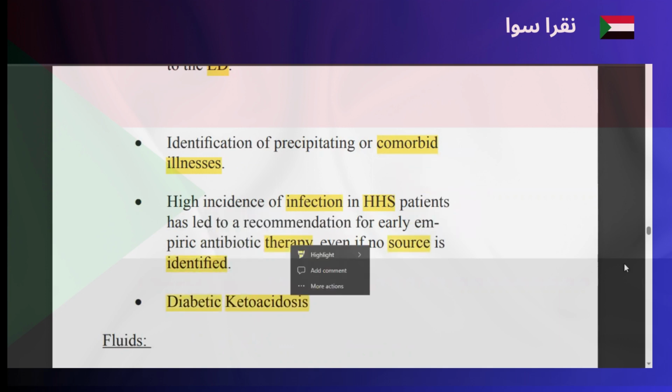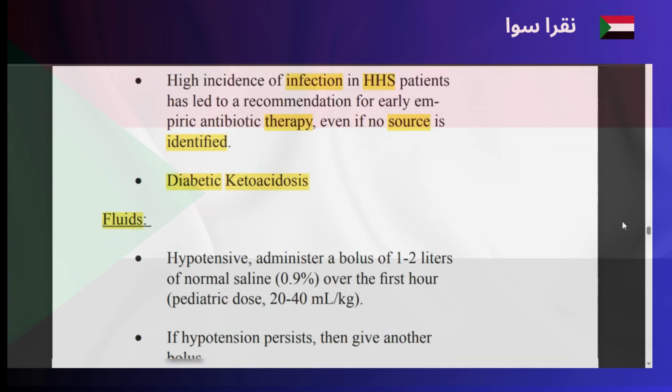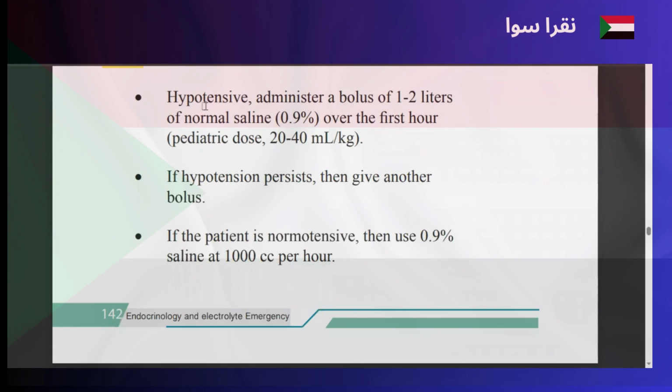DKA. Fluids. If the patient is hypotensive, administer a bolus of 1 to 2 liters of normal saline, 0.9% over the first hour. The pediatric dose is 20 to 40 ml per kg.